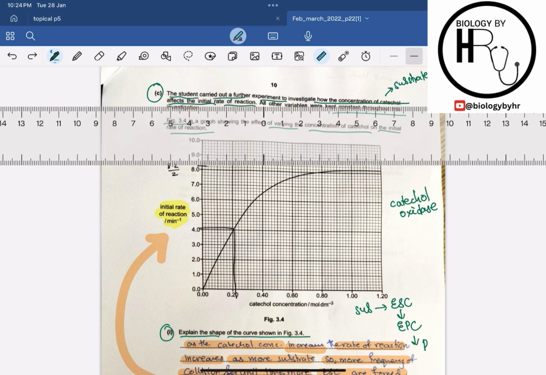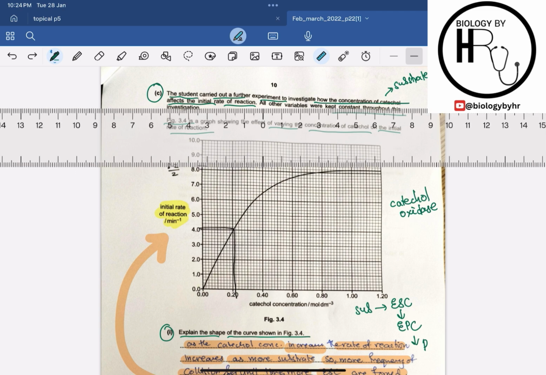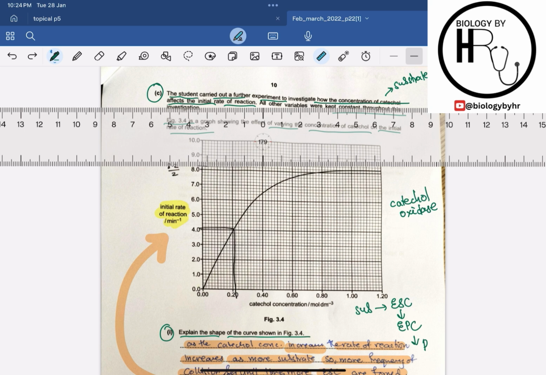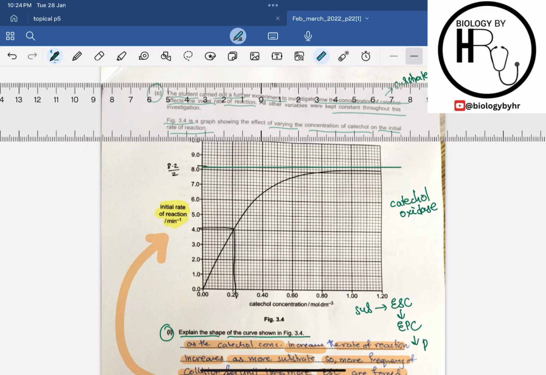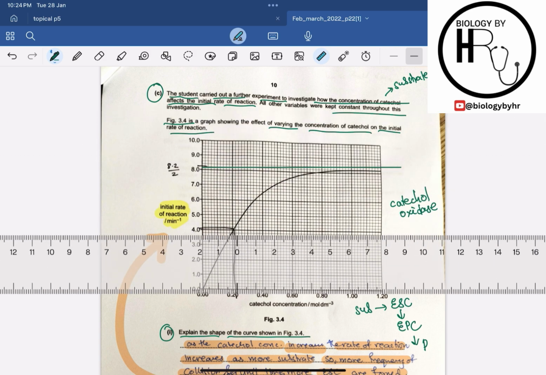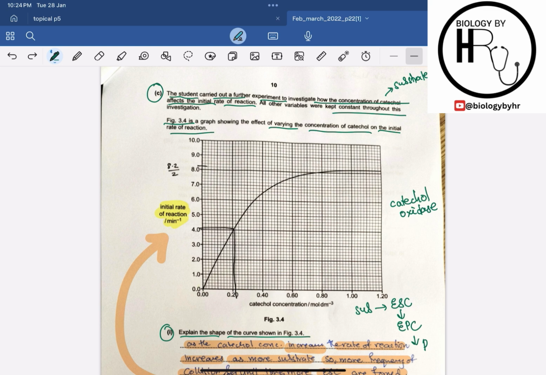Yes, it is 8.2 because it is coming over here. I cannot clearly identify it on the screen, but it's clearly 8.2, which I have also solved over here.